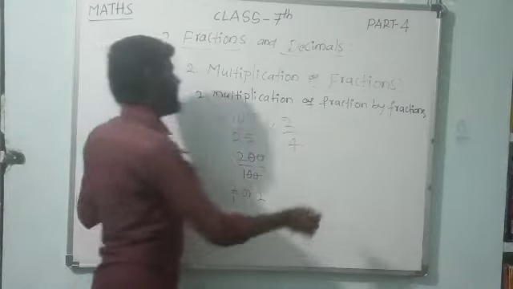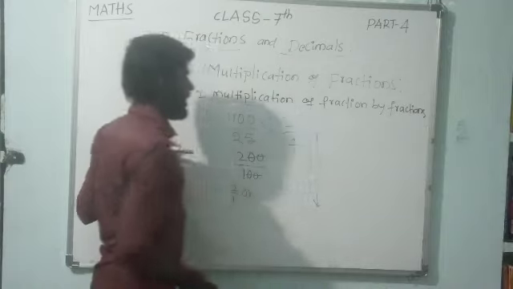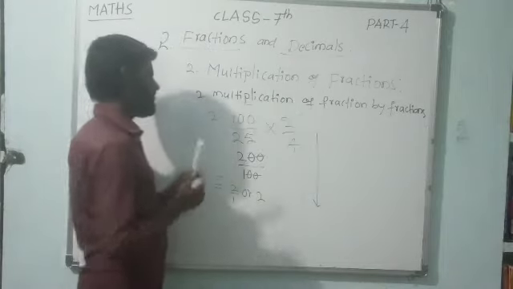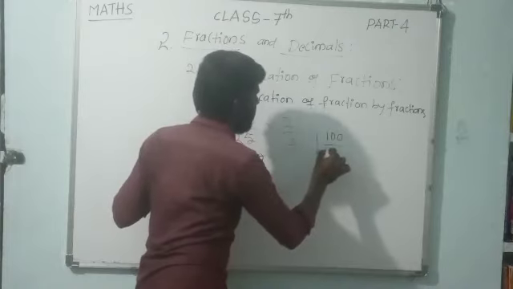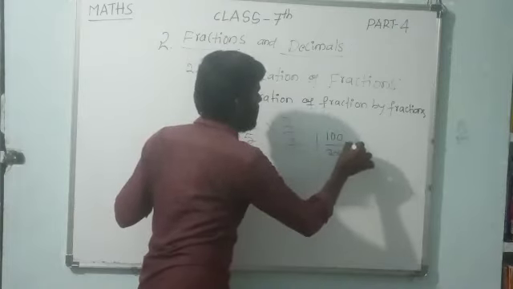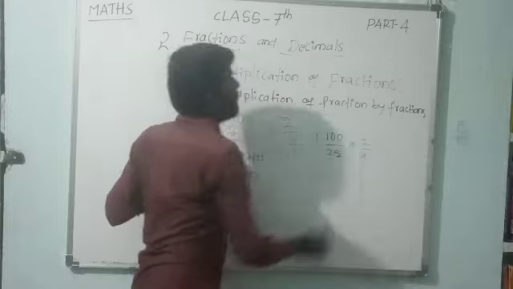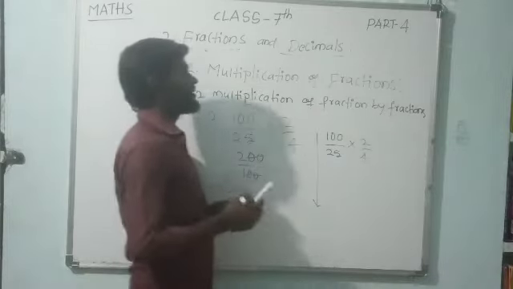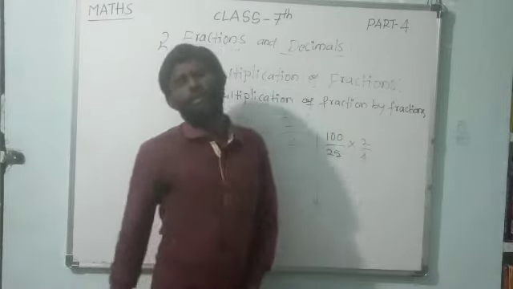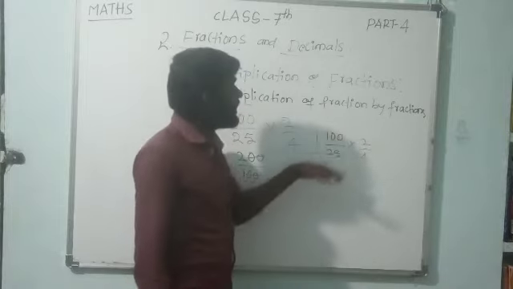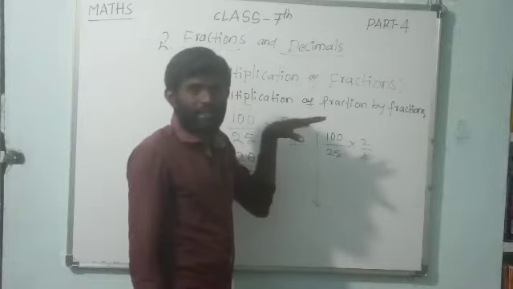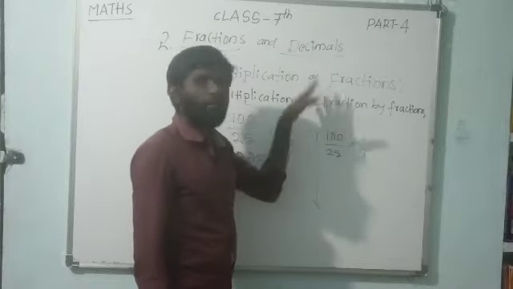In another way, 100 by 25 into 2 by 4. Just make it cancel. You can ask one question now: sir, can we cross cancel, or can we cancel only numerator with denominator?